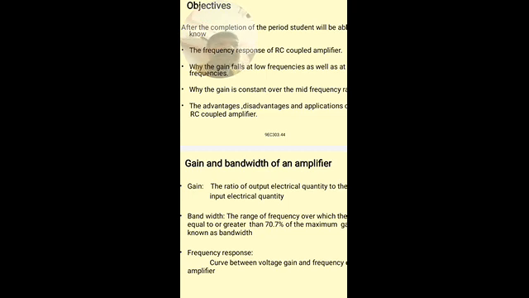In between the two frequencies, the gain of the RC coupled amplifier will be greater than or equal to 70.7% of the maximum value.